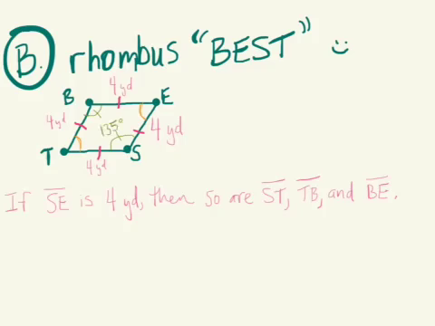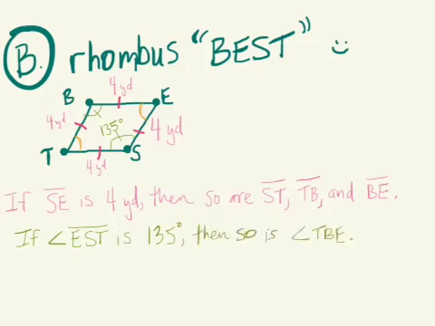So let's say that this angle right here, angle EST, or you could write angle TSE as long as the S is in the middle. Then we also know that the opposite angle, angle EBT, as long as B is in the middle, or TBE, as long as B is in the middle, is also 135.